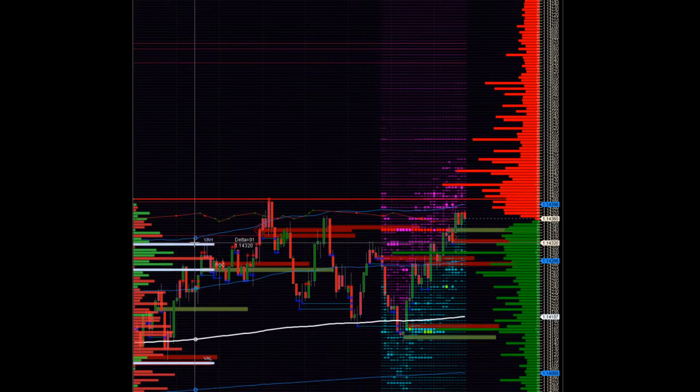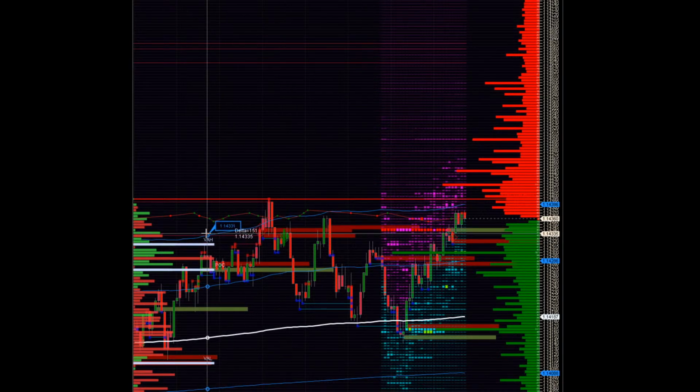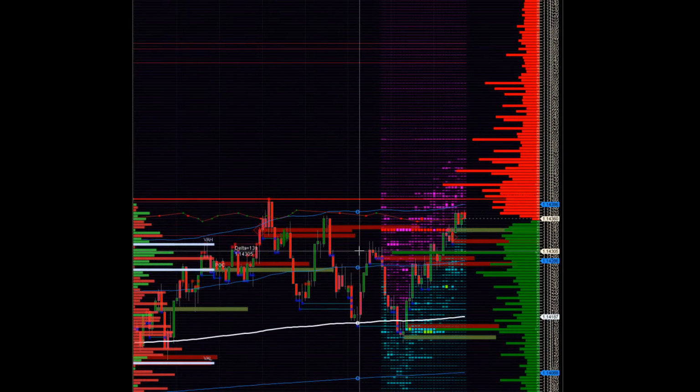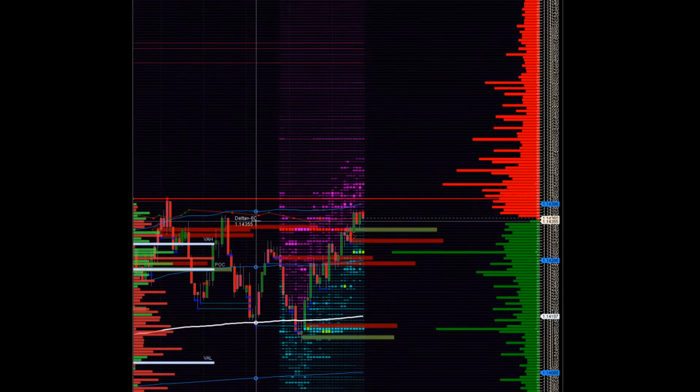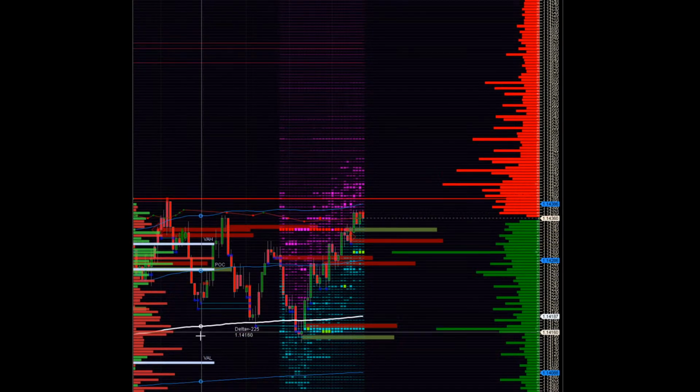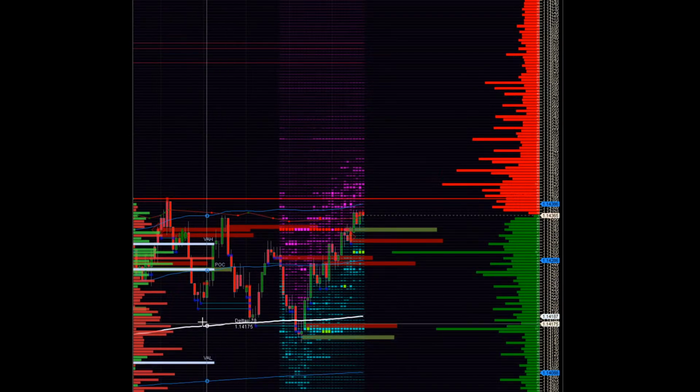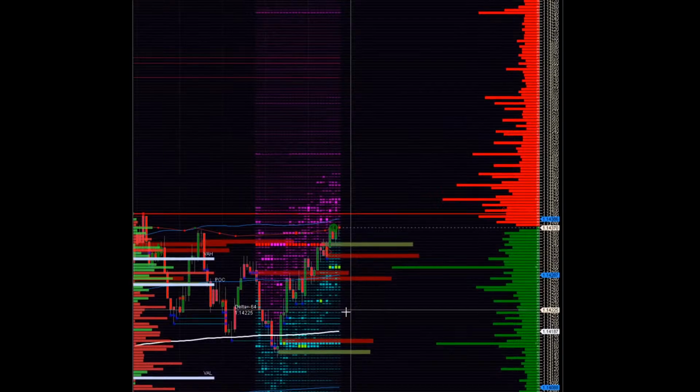The price right now is about the value area high, which means it has gone over 85% of the total trade of the day. You can see the value area low down here. Between these two white lines is the 85% of trades that have been made today.